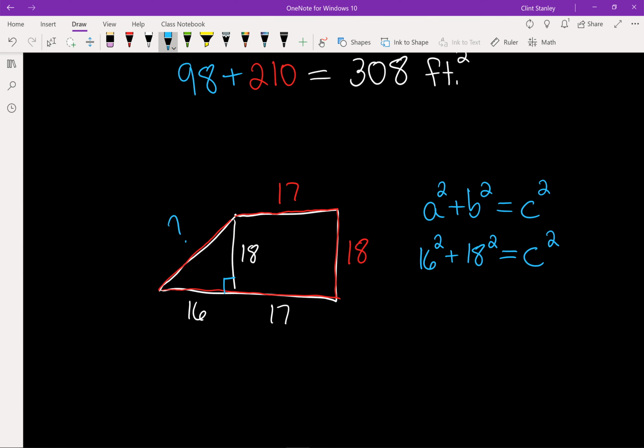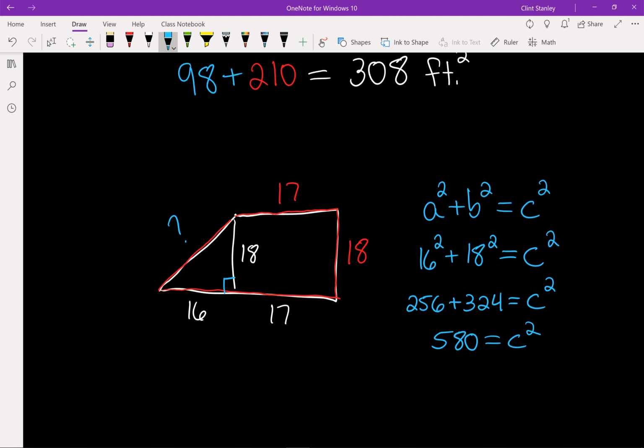So let's see. 16 times 16 is 256. 18 times 18, 324. So if we add those together, we'll get C squared. So that's 580.